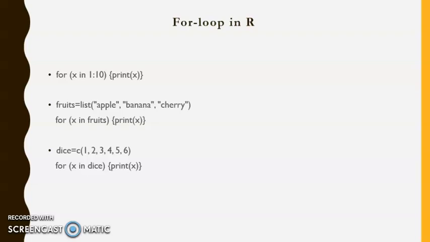Here, as an introduction, I have put for you three similar but slightly different structures to do a for loop in R. The size of the loops that you see here, for example, for the first one is 10, for this one is 3, 1, 2, 3, and for this one is 6.